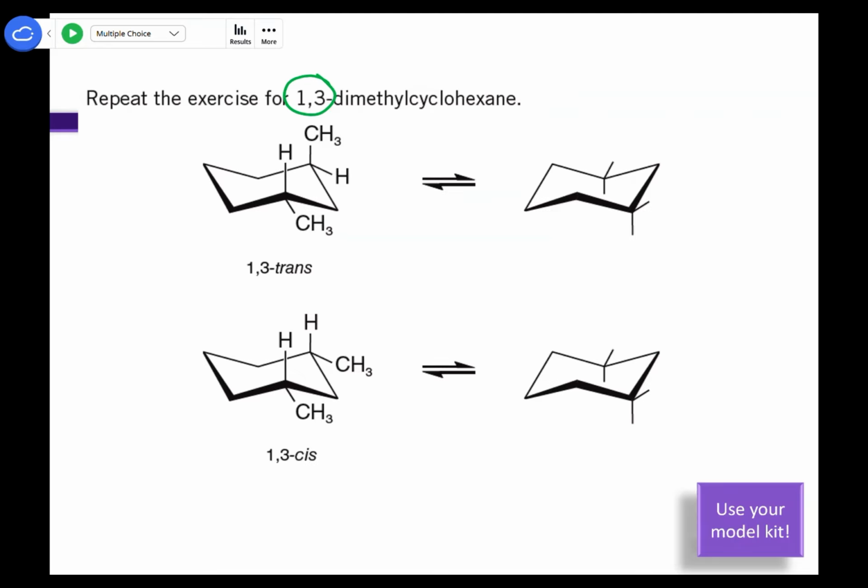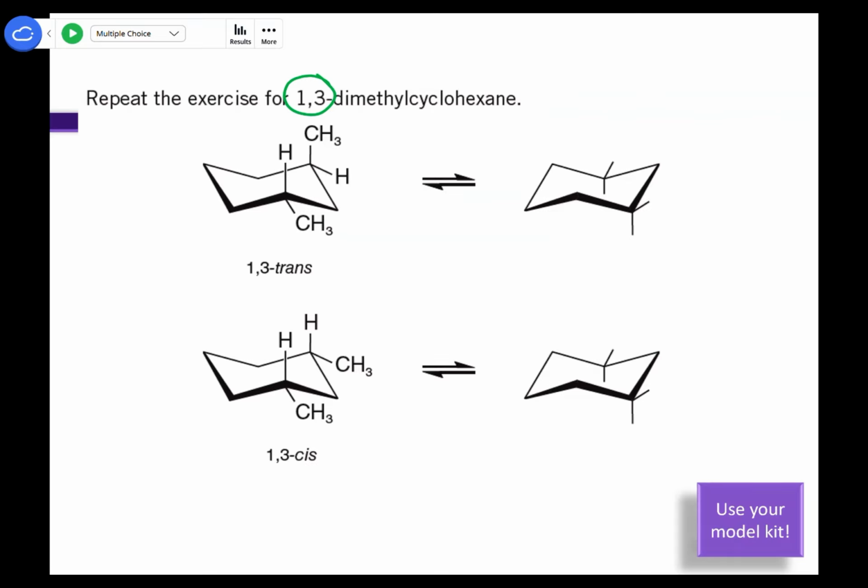Okay, and then flip-flop your chair around until you can make it exactly match the picture that you see. So I'm going to flip-flop off the screen so I don't drive you crazy. Now I'm having fun with this. So we have an axial in the back and an equatorial in the front.